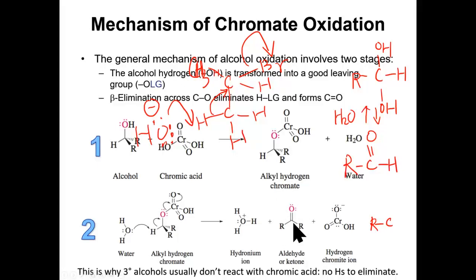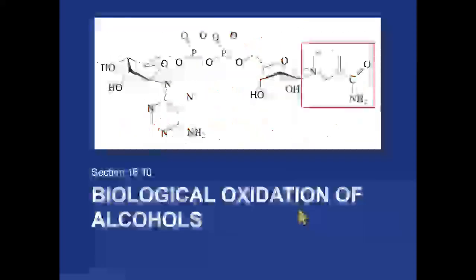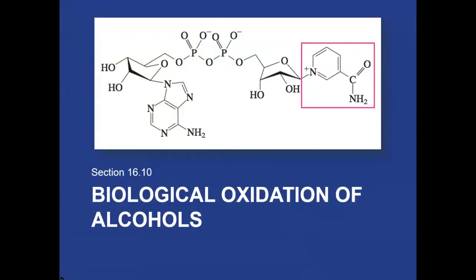But if you have a primary alcohol and treat it with chromic acid, it will go all the way to carboxylic acid, because the primary alcohol first will be oxidized into aldehyde, then the aldehyde will react with water, give you a diol, and this diol can further be oxidized by chromic acid into carboxylic acid. Any questions about the oxidation of alcohols?